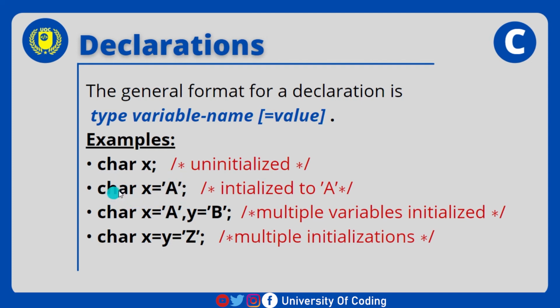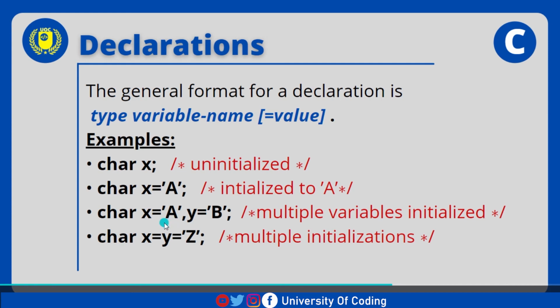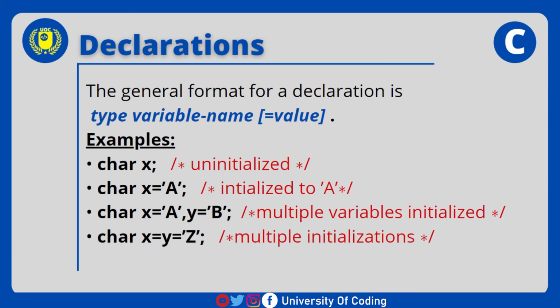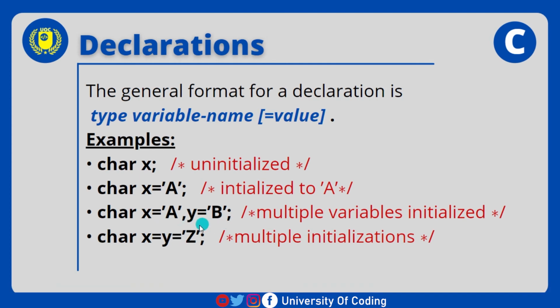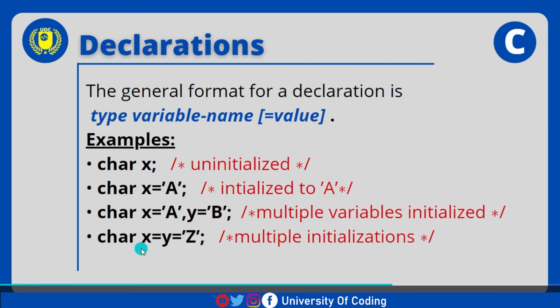If here it is int, then you will be initializing to an integer. So here you are initializing multiple variables, and here you are doing multiple initializations. So there is a slight bit of difference. See here, multiple variables are assigned. Here variables are different, values are different. But here variables are different, but the value is same. The same value is assigned to both of the variables.